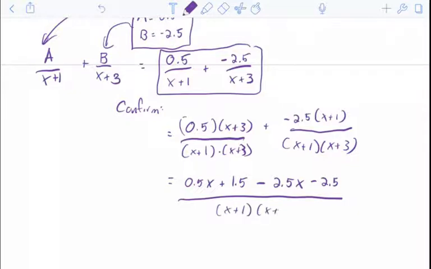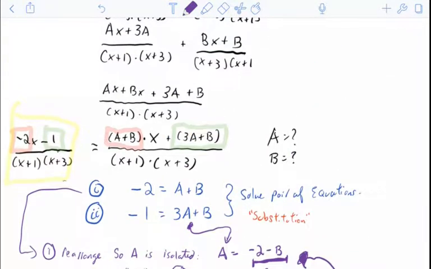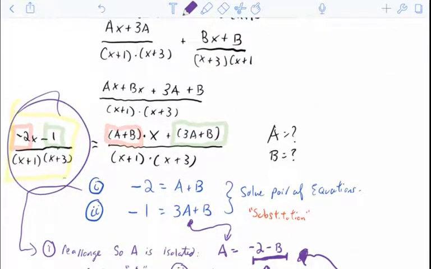And then you simplify one more step, and you get minus 2x minus 1. Let's confirm that that's what I'm supposed to get. Minus 2x minus 1. Hooray, I did it right.